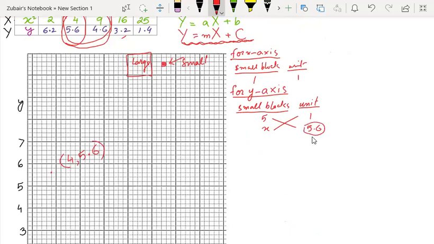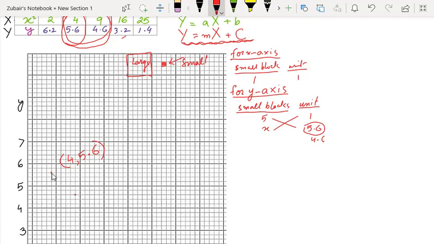You can use 4.6 multiplied by 5, which is 23. So 23 small blocks, so 23 means this is 21, 22, 23. So this is 9. This should be your point.